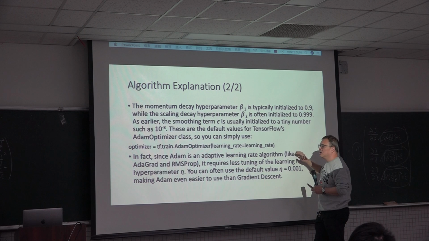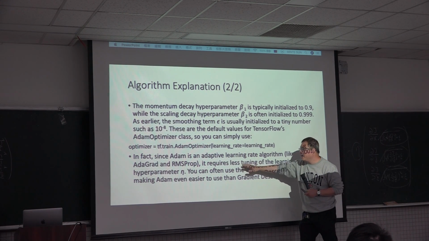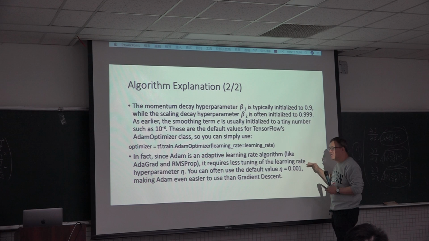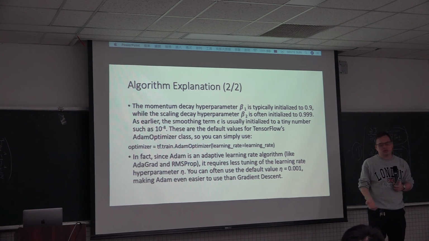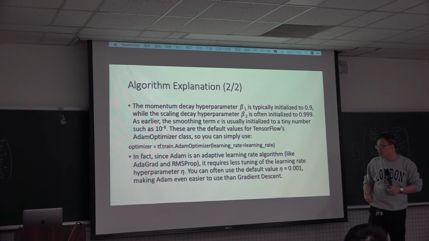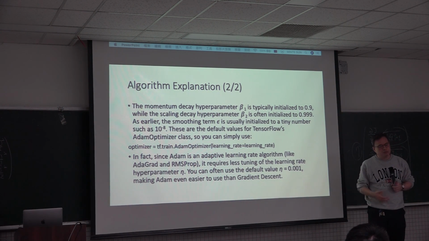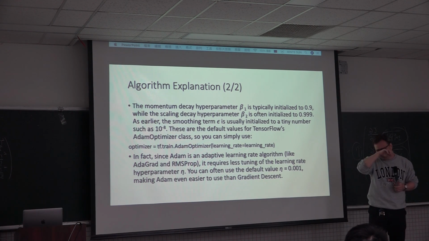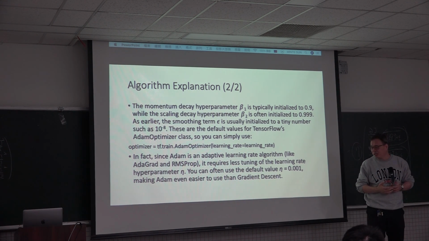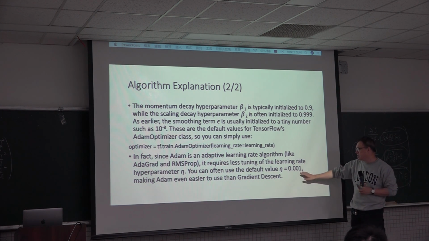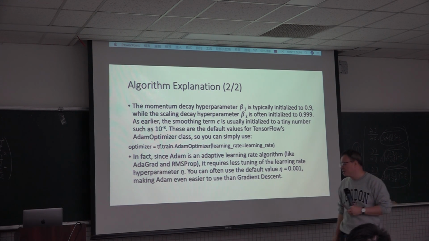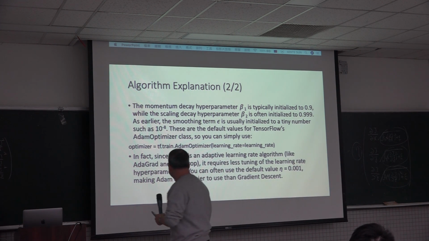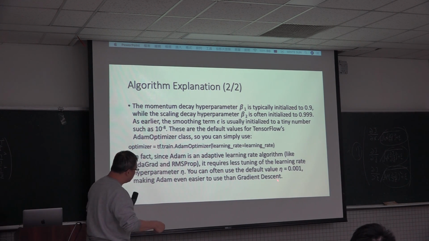In other words, these three algorithms require less tuning of the learning rate, so we don't even need to consider the learning rate to be a hyperparameter. You can just assign a fixed learning rate, such as 0.001, the default value. It makes Adam much easier to use than gradient descent, and it performs very well.